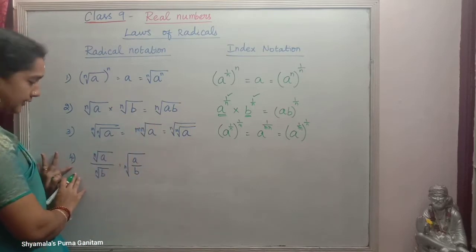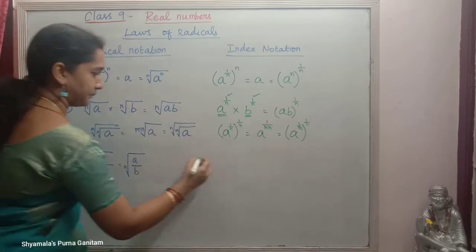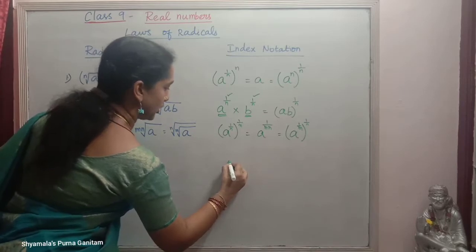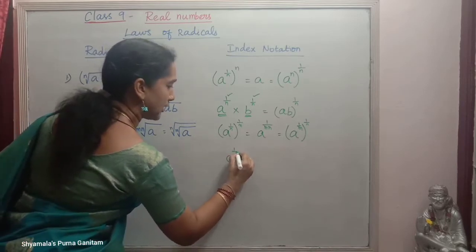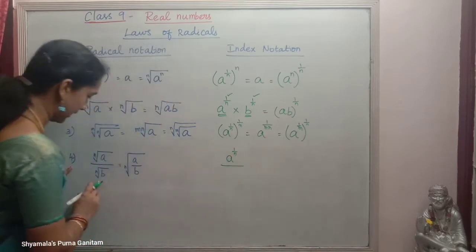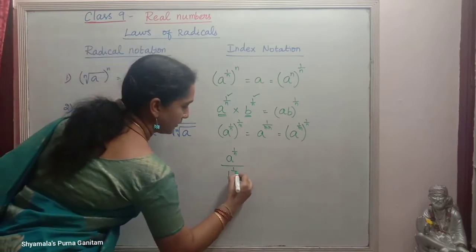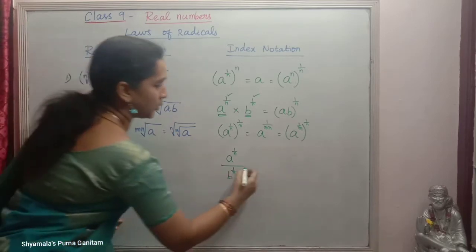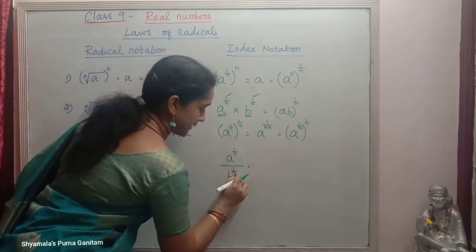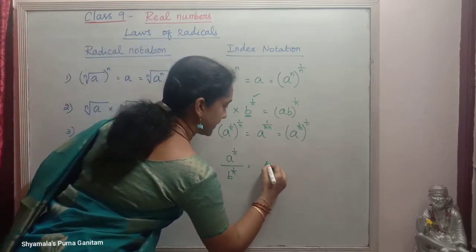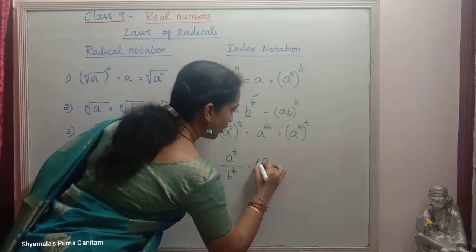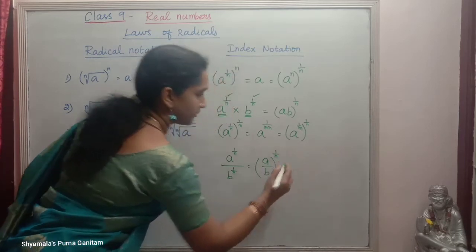Then fourth one, nth root of a divided by nth root of b. So in index notation, a power 1 by n divided by b power 1 by n. So that is equal to, since the power is same, we can write it as a by b whole power 1 by n.